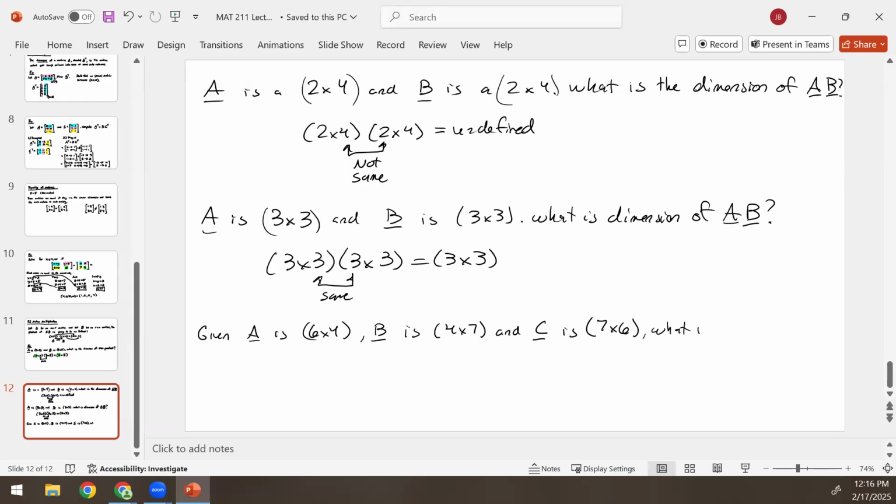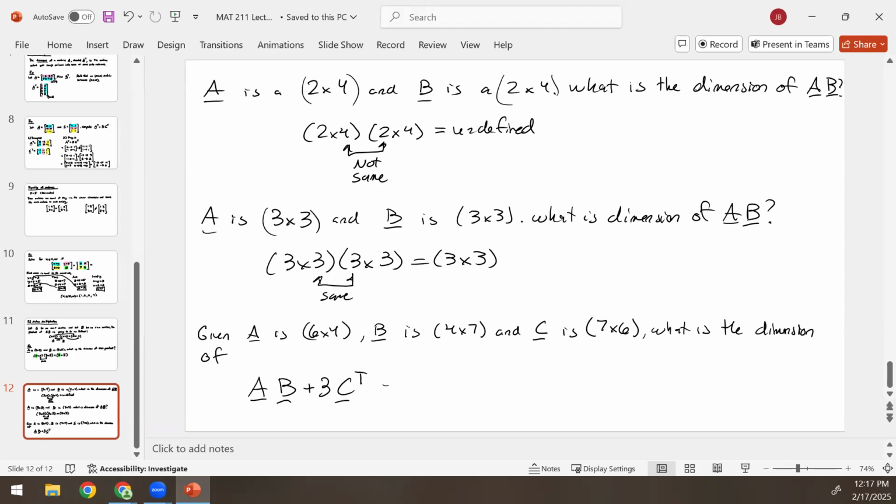What is the dimension of A times B plus 3C transpose? They're making me do a bunch of things to see if I can actually do that. And so you just do it one at a time.